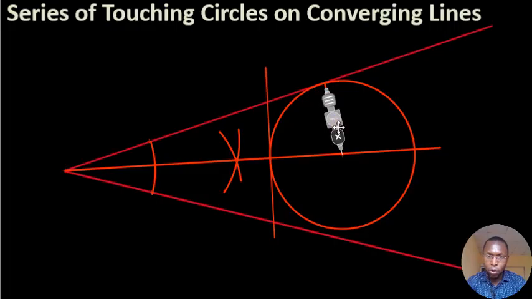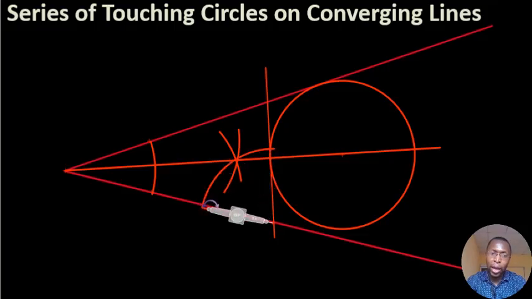Okay, so a lot of construction is ongoing here. You place the tip there. Then you swing the compass to one end so that you can make a complete arc, and then you draw your arc from the tangent down to the other converging line.